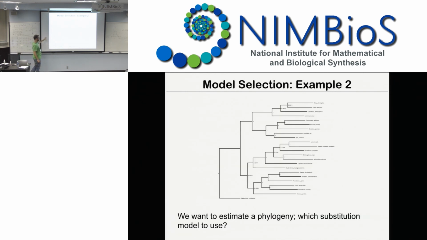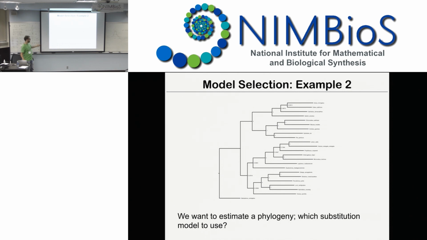The other example from the tutorial yesterday was when we just want to estimate the phylogenetic tree, and there's quite a lot of different substitution models that we could choose. So which substitution model should we select? From the tutorial yesterday, one of the results that we should have seen is that depending on which substitution model we use, like a really simple substitution model like Jukes-Cantor, then we get a different phylogeny than if we use a more complex substitution model like the GTR plus gamma model, a different topology.